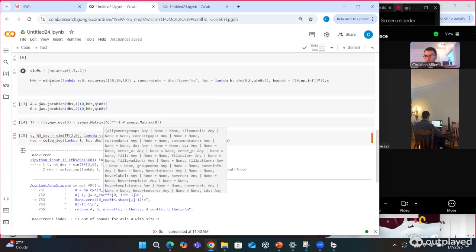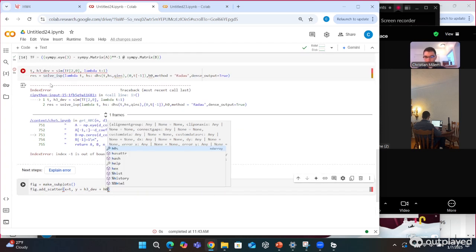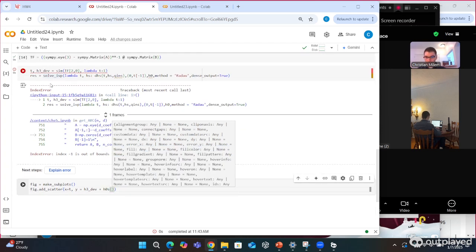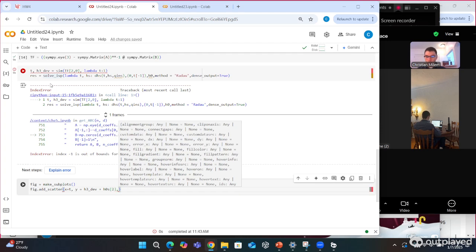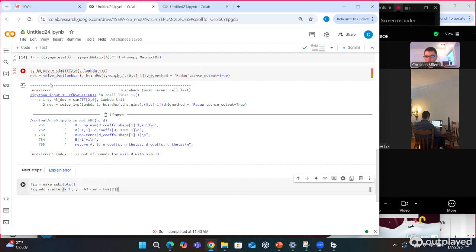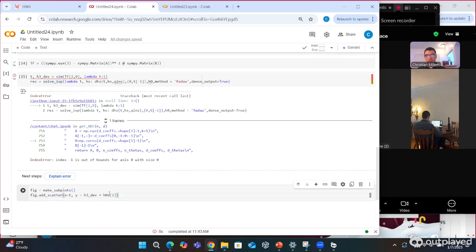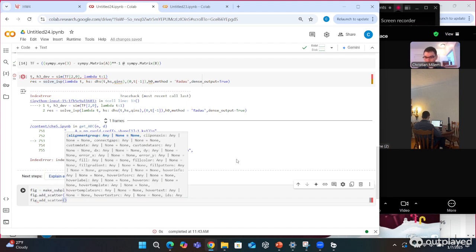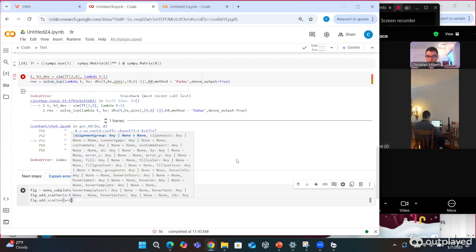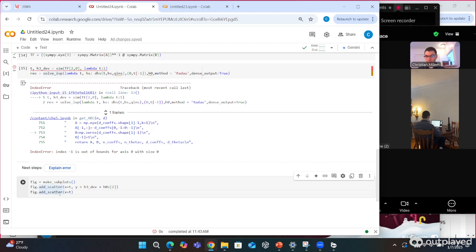That's going to be h naught, the third position. I always mess up on the figure syntax. Add scatter, and mode should be lines.